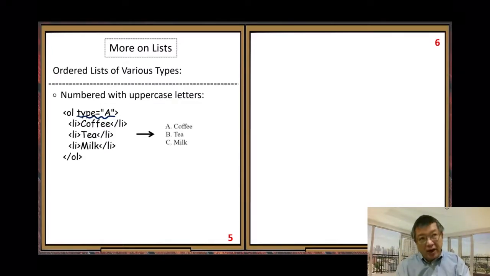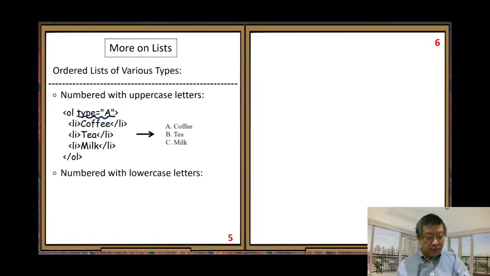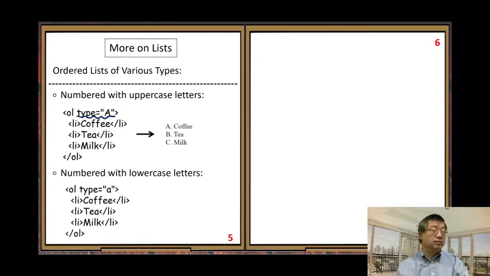Similarly, we can change the attribute type using different values to get different types of ordered lists. Let us look at a few more examples. Numbered with lowercase letters: the value becomes little a instead of capital A, and this time you get lowercase letters a, b, c, d.